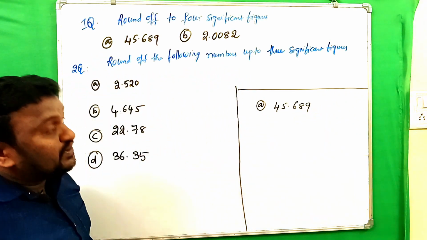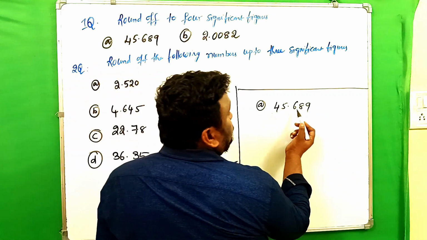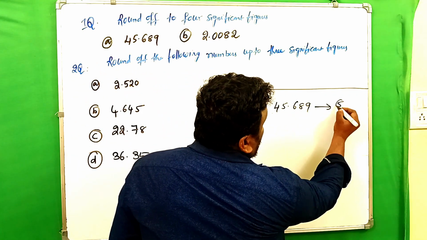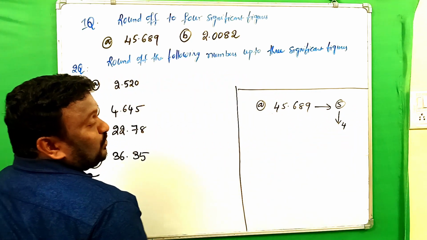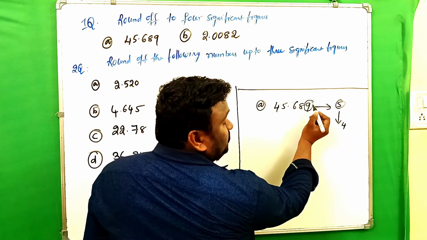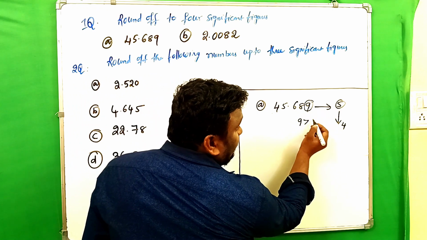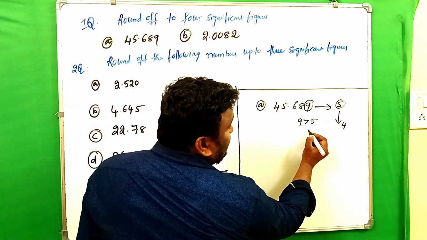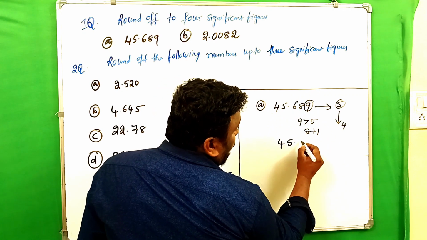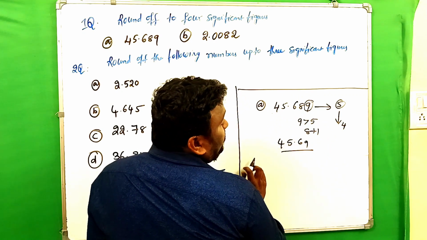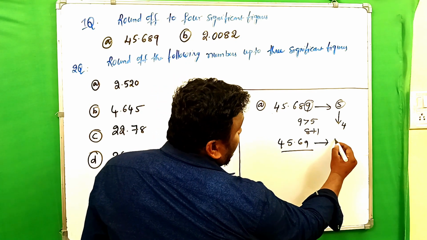Total, how many significant figures are there? 1, 2, 3, 4, 5. Now it is going to be rounded off up to 4 significant figures. That means 9 is going to be dropped, and this 9 is greater than 5. Then the preceding number is raised by 1. That's why we get 45.69.